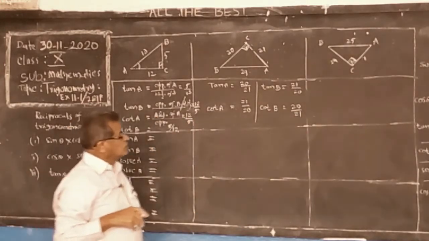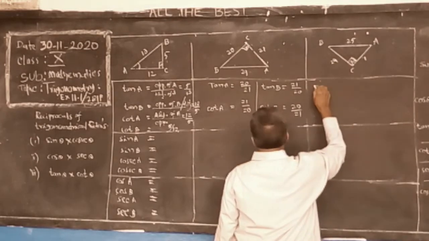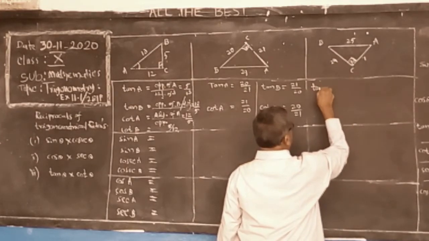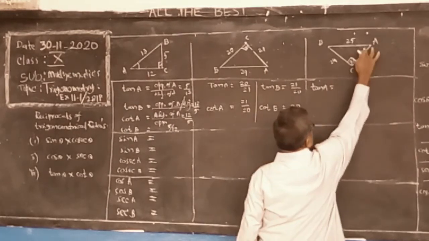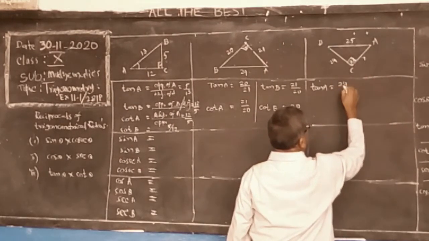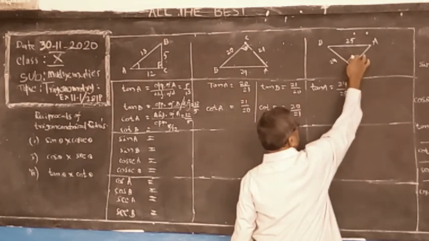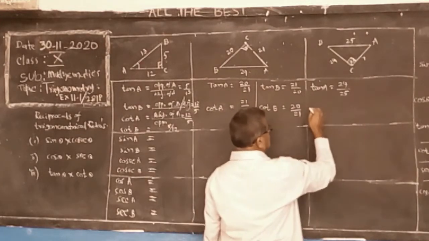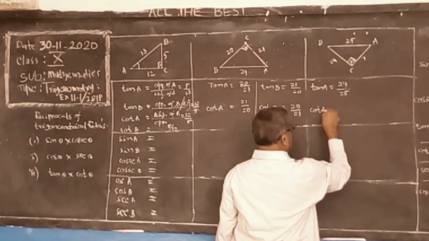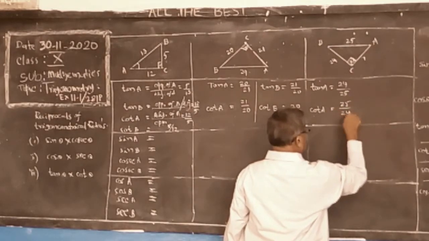Coming to the third triangle, tan A is equal to the opposite side 24 by the adjacent side 7; the hypotenuse is 25, the side opposite to 90. Next, cot A is the reciprocal, 7 by 24.